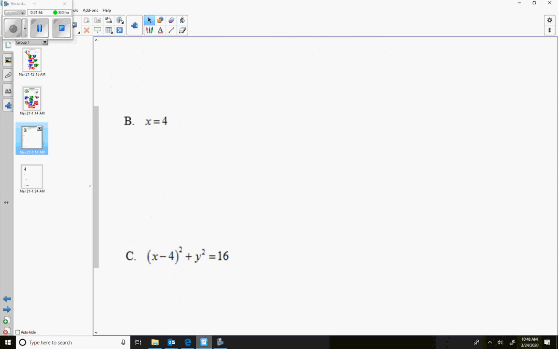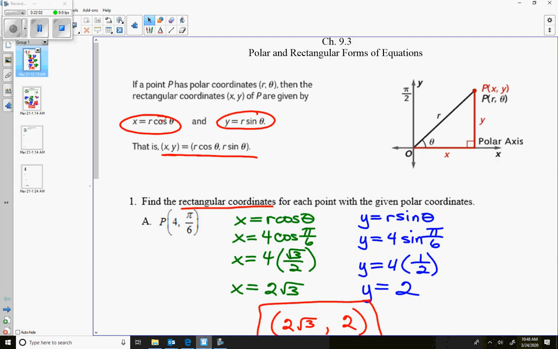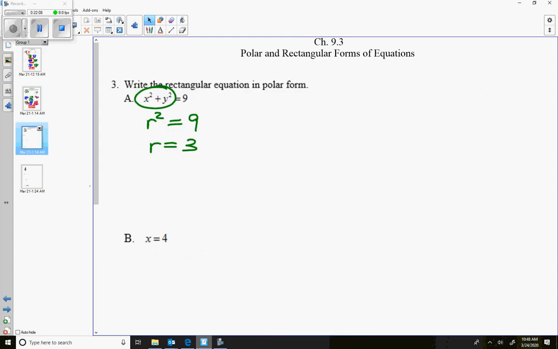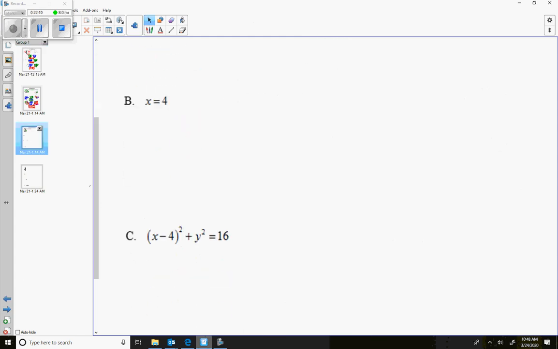Next one, x equals 4. So, again, coming back to this, x is r cosine theta. This is what I'm looking at. So, in place of x, we're going to say r cosine theta equals 4.